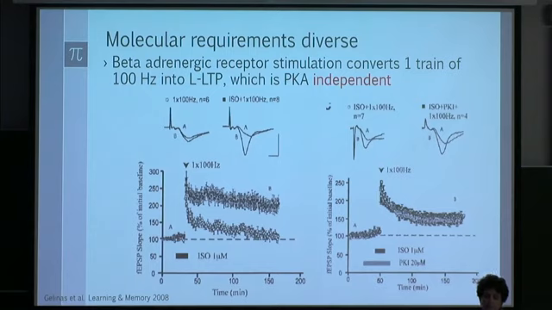If you give one train of 100 hertz, but in addition you bath apply, say, norepinephrine or a norepinephrine-like drug, you will go from this short-lasting LTP to this late phase, which lasts pretty much forever. And this is indeed dependent on protein kinase A, because if you inhibit protein kinase A, it starts coming down, and so it's much lower.